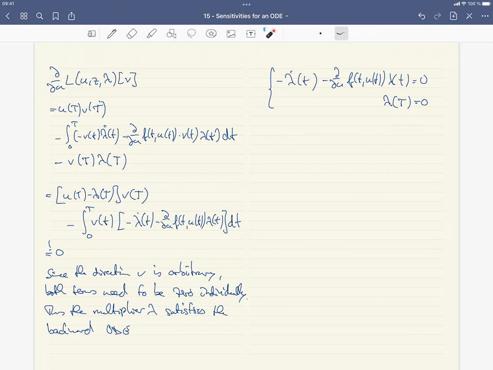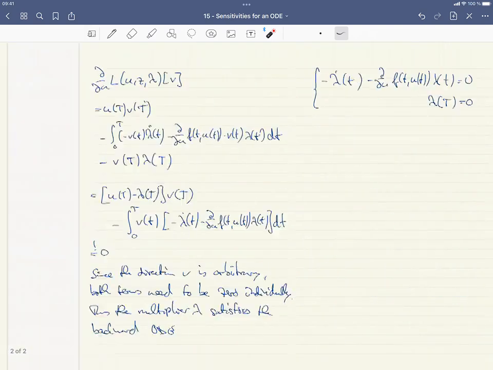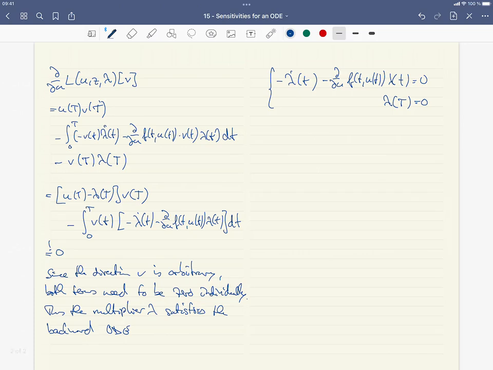I solve it, I compute the solution at 0, and the solution at 0 is the value of the derivative of the reduced cost functional. So what I need to do in this ODE example is solve the forward ordinary differential equation. That gives me the solution u. That needs to go in here. I solve this linear backward ordinary differential equation, compute lambda of 0, and that's actually the sensitivity.